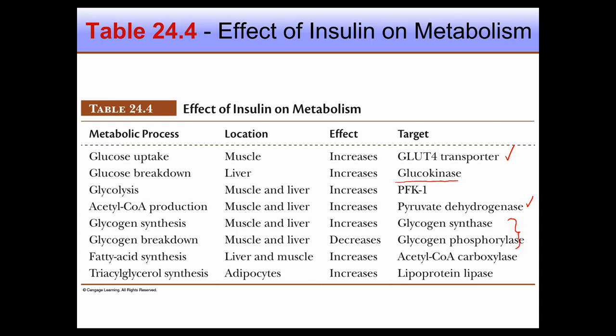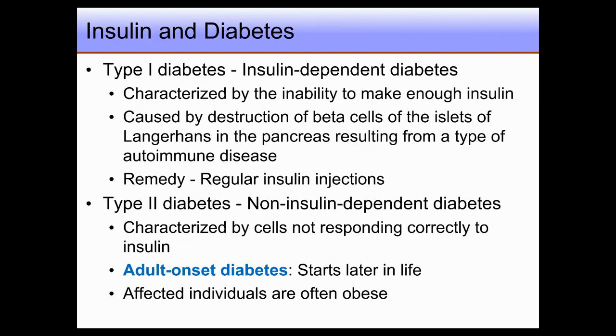So it's the opposite, which is that you're going to promote glucose to go to glycogen, and you're going to shut down the breakdown of glycogen because insulin's pulling glucose into the cell, but then inside the cell, it has to do something with it. Okay. All right.